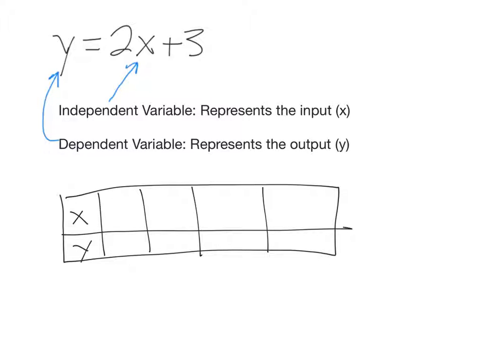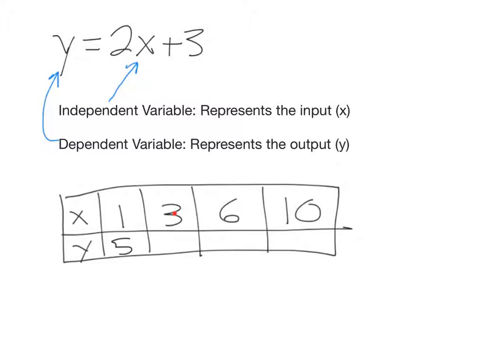And for my input values, I'm going to choose 1, 3, 6, and 10. Okay, I'm going to choose those as my input values, and I'm going to calculate my output values, my dependent variable values. So to find y when x is 1, I can do 2 times 1, which is 2, plus 3 is 5.